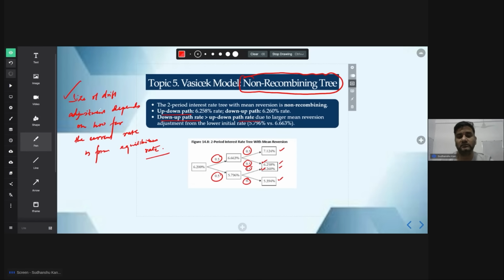The size of drift depends on how far the current rate is from your equilibrium rate. After an up move, you go to 6.663. After a down move, you come to 5.796.